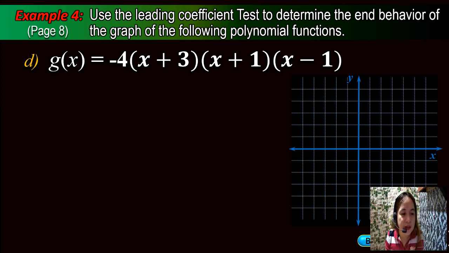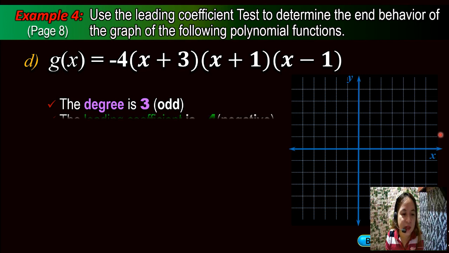Letter D, g of x equals negative 4 times x plus 3 times x plus 1 times x minus 1. So again, what is the degree? The degree is 3 and it is an odd number. Tapos, ano ang leading coefficient niya? The leading coefficient is negative 4.